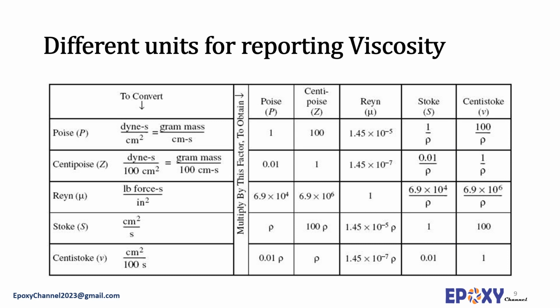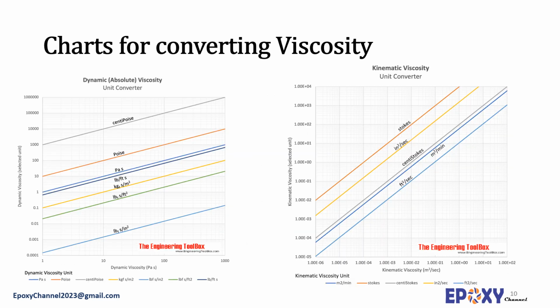This table is a good guide to understanding and converting different viscosity values. We also can use these types of tables to simply convert different dynamic or kinematic viscosities in different dimensions to each other. These tables are pretty useful when the viscosities have been reported in different non-standard units.